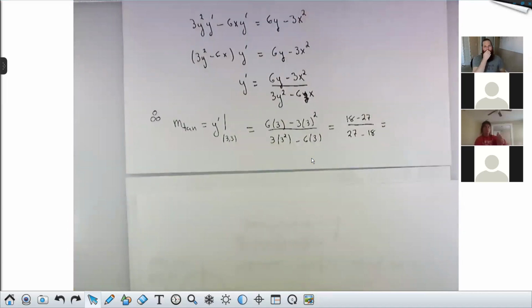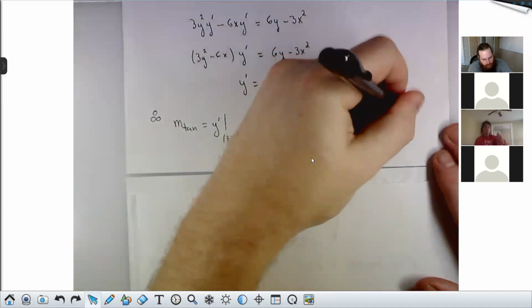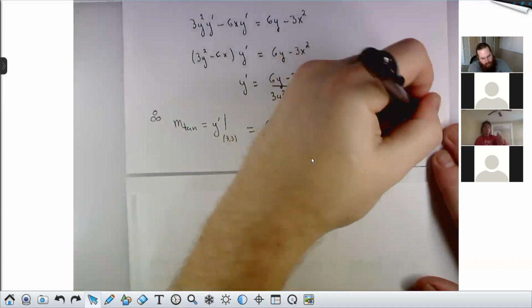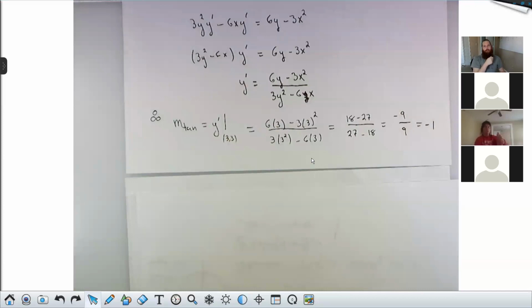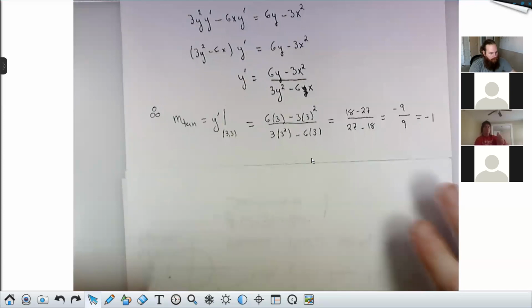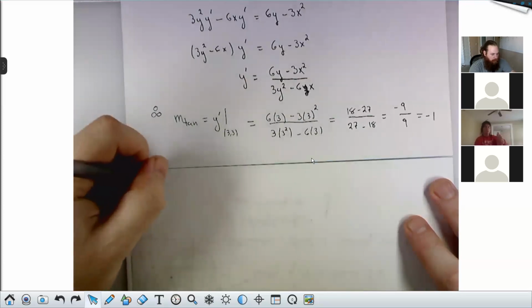So even without computing this, I can tell you it's -1 because the top is the negative of the bottom, but 18 minus 27, what is that? -9? Yeah. So this is -9 over +9, which is -1. And then I can give the equation of the tangent line.